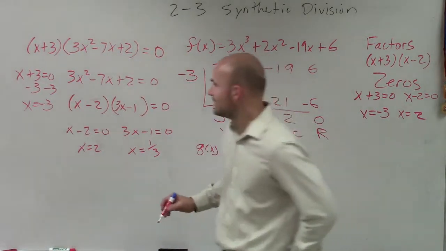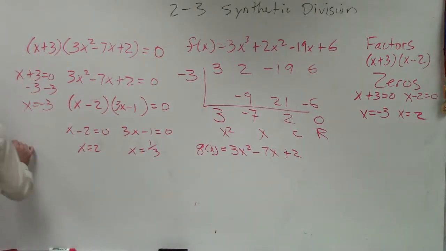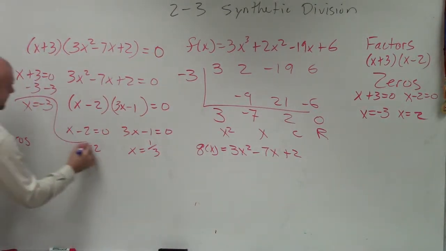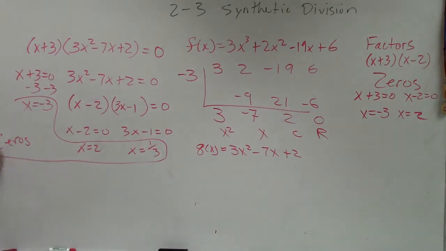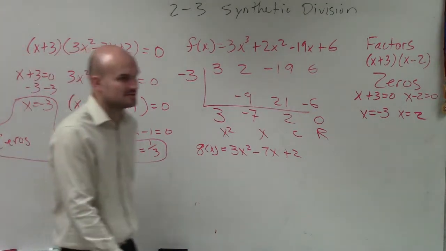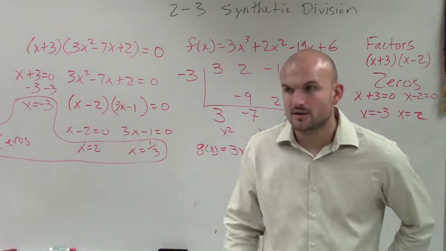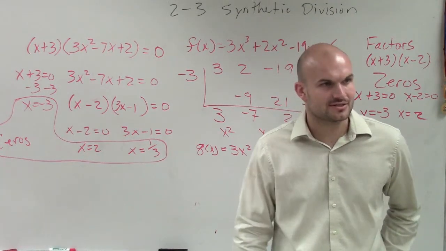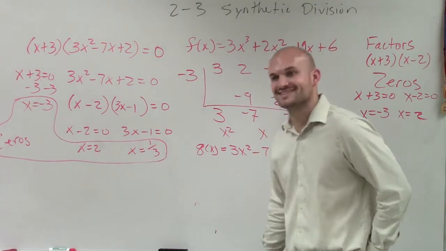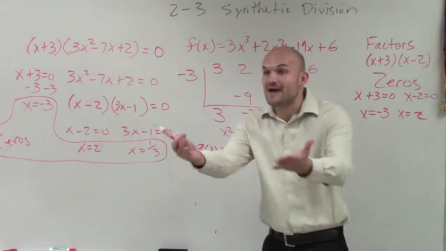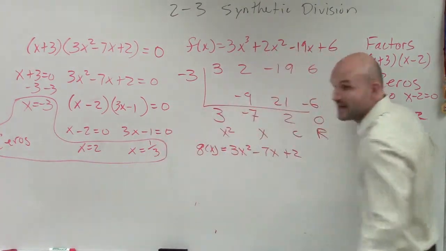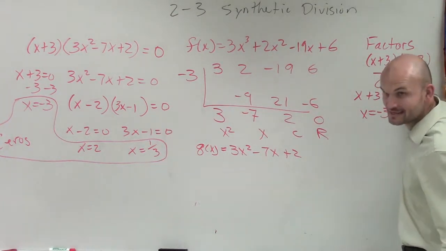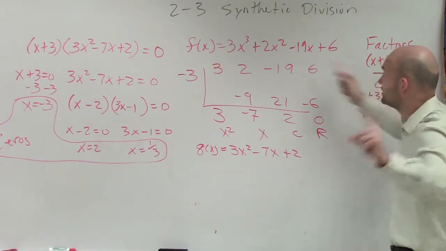So therefore, those are the zeros. But what if I said, write it as a product of its factors? Well, what are all the factors? You already know 2 of them, right? This times this, and we said times one more factor equals that.